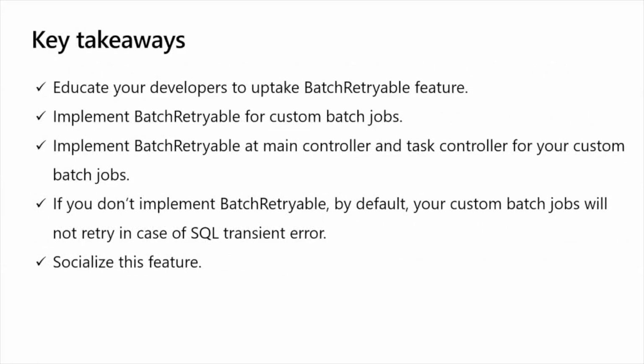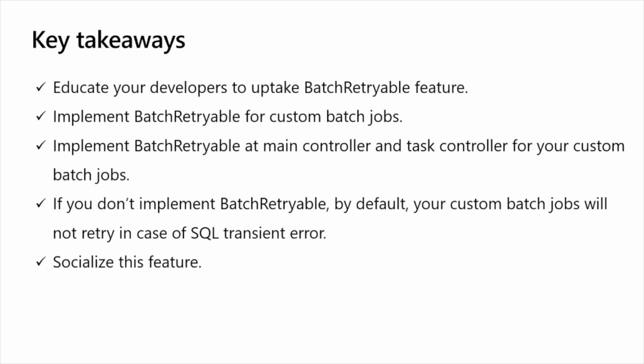Now, key takeaways. Again, educate your developers to start using this batch retriable feature. That's the takeaway we want. Also implement batch retry for your custom batch jobs as much as possible. Not all custom batch jobs, but as much as possible.